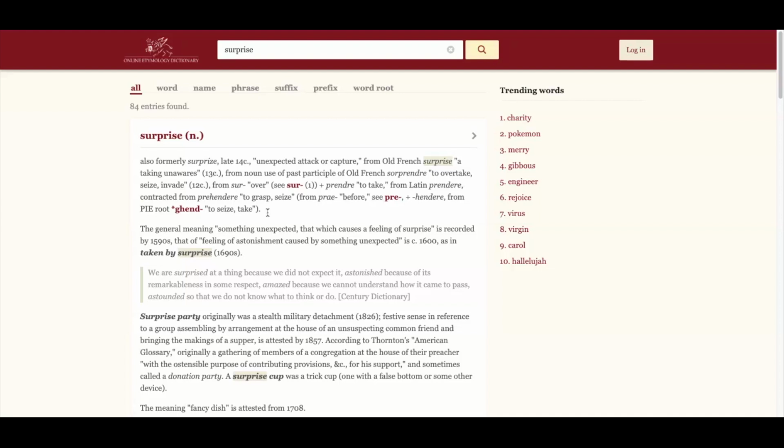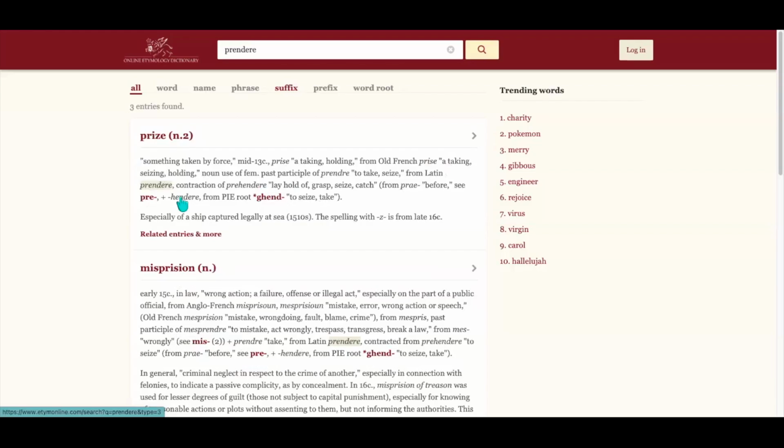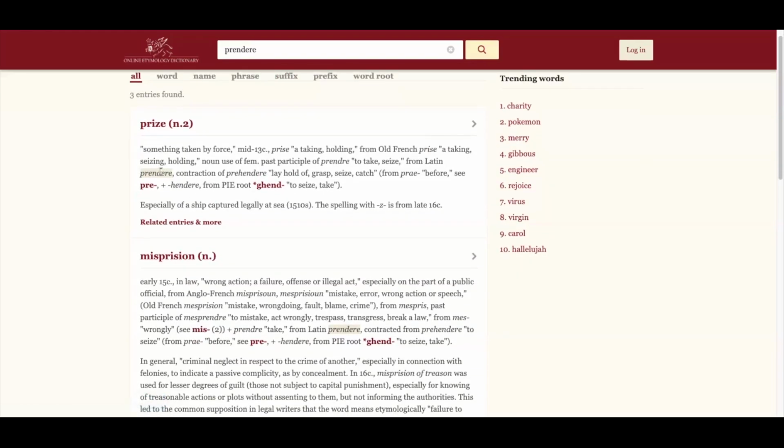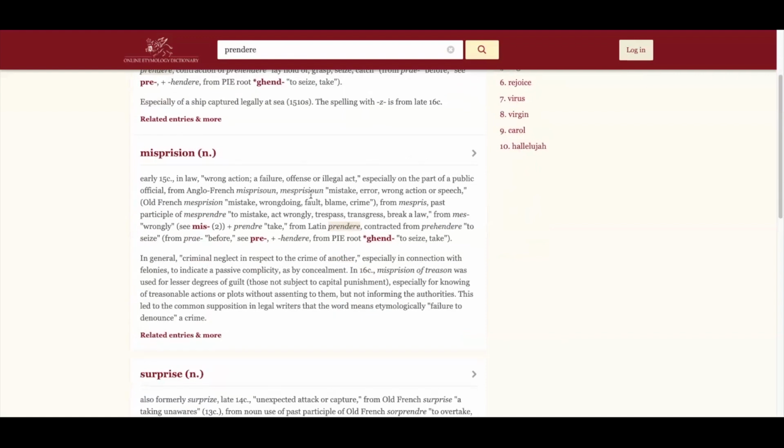Now, what I can see here is that it comes from this Latin prendere. And one of the things that I love about the web-based Online Etymology Dictionary is it lets us search those Latin words. The app doesn't. And so, see, I can go through here and see what other words come from the same Latin base.